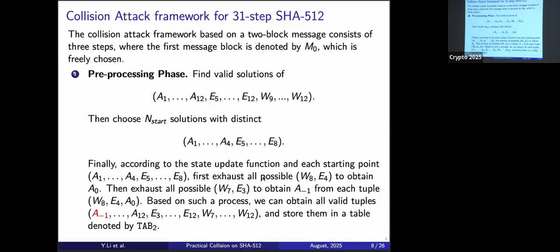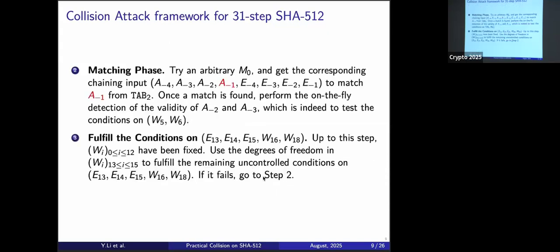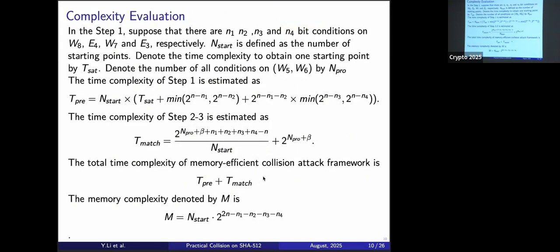The attack is mainly divided into three steps. The first step is the pre-processing phase, the second step is the matching phase, and the last step is to fulfill and control conditions. The complexity of the attack framework mainly consists of two parts.